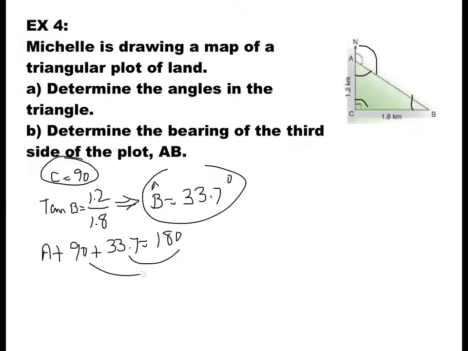Then I'm going to move 90 and 33.7 to the right, becomes negative. So A is 56.3 degrees. So I know what is angle A, what is angle B, what is angle C.